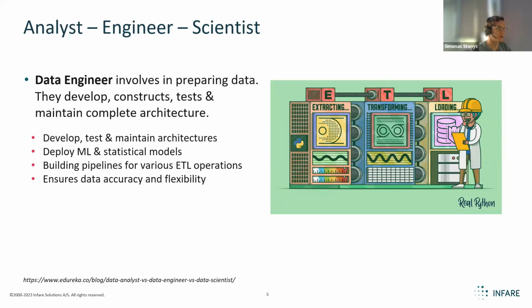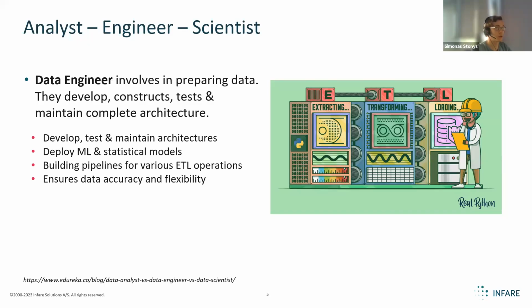So next we have the data engineer. So a data engineer is mainly involved in extracting, transforming, and loading the data: taking data from a source, doing some transformations, and sending the data to some destination.